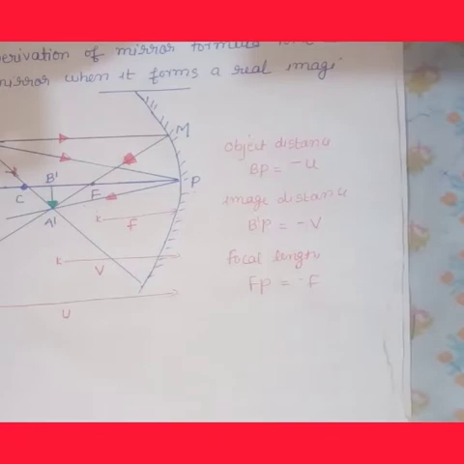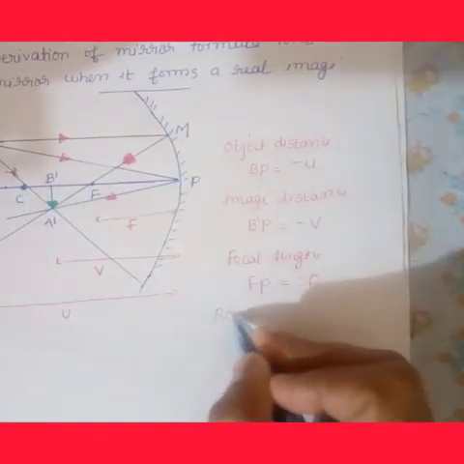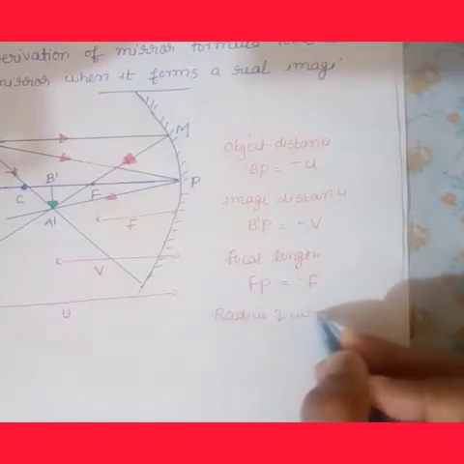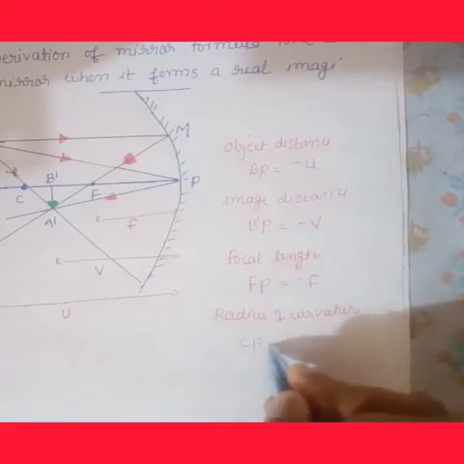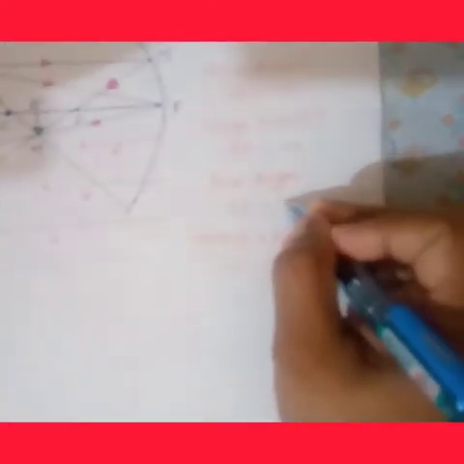Then also one more term, CP. CP is the radius of curvature, CP is equal to minus R. So on the left hand side all the signs you have to take as negative.